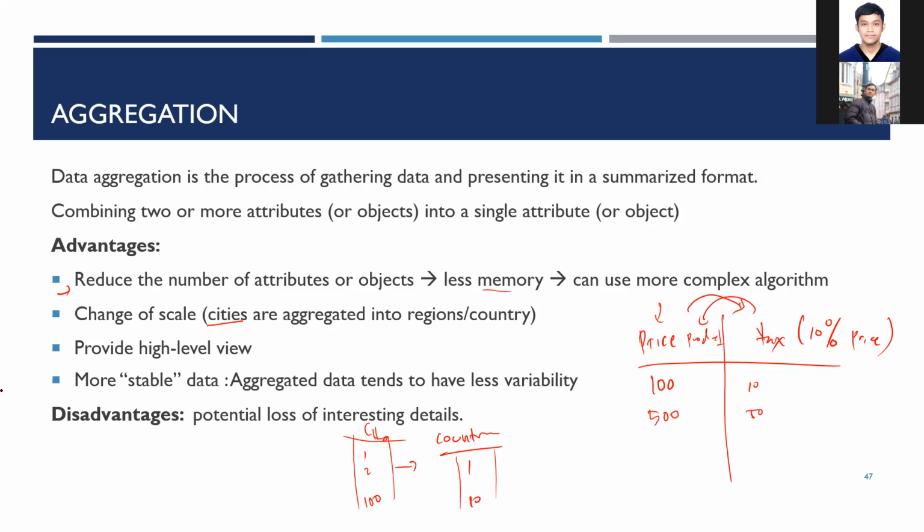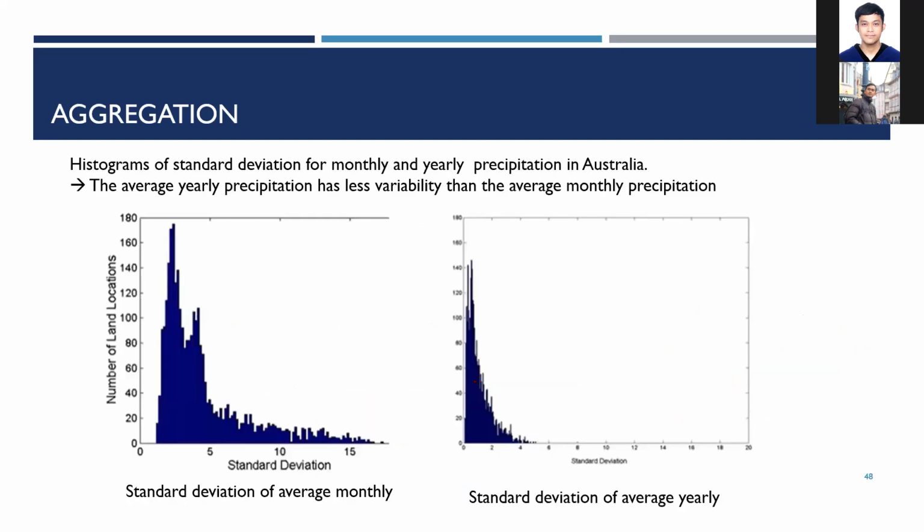Aggregation also provides us a high-level view. And of course, it will give us more stable data because aggregated data tend to have less variability. For example, this is the standard deviation for monthly compared with yearly precipitation in Australia. The standard deviation of monthly data is bigger compared with the yearly data.